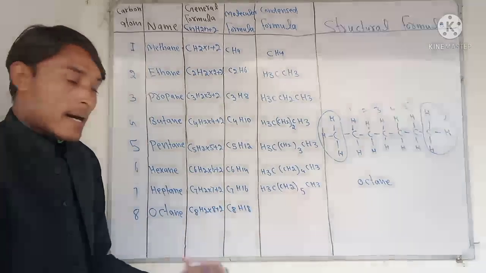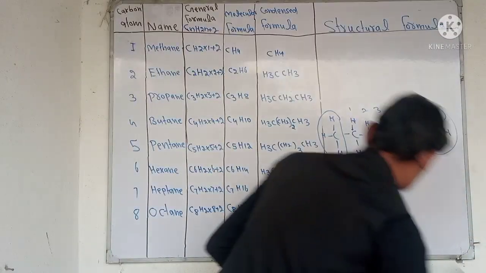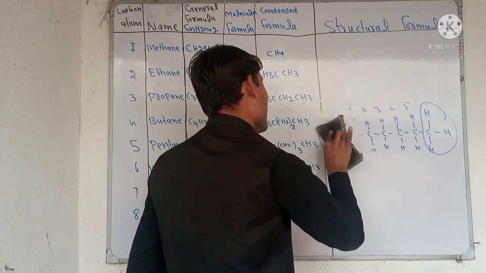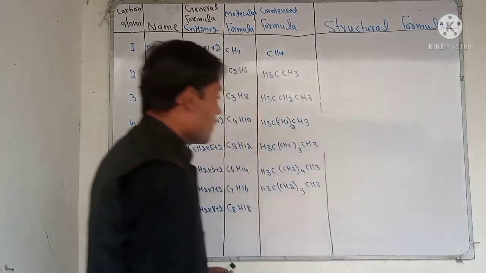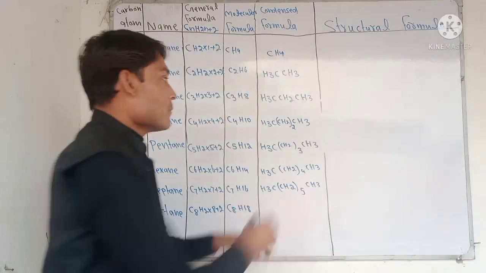How to draw it? Again we go for the structural formula. If we draw the structural formula, we can write the condensed formula from it very easily.